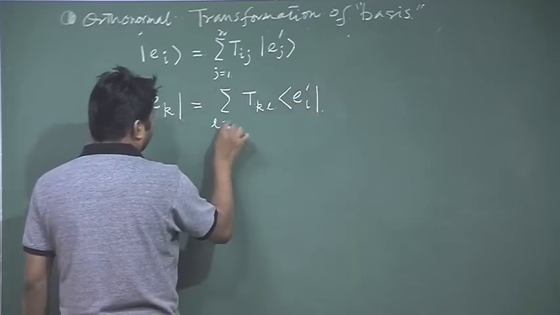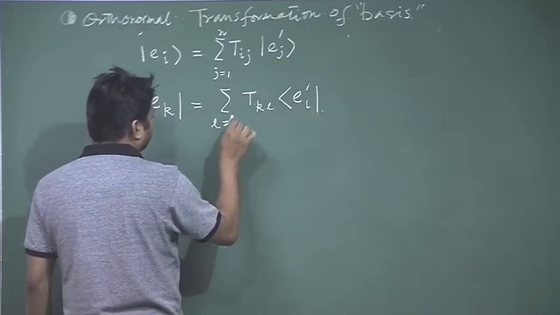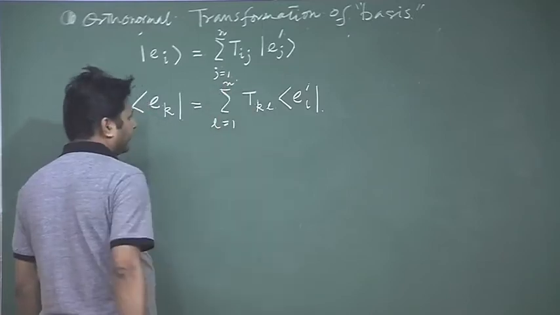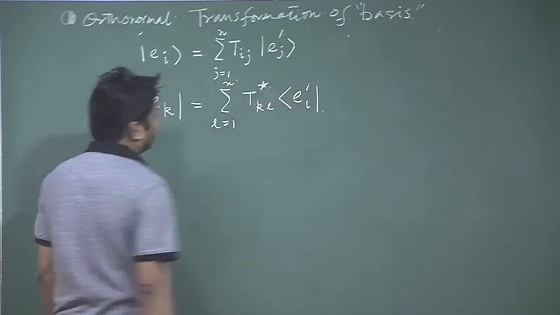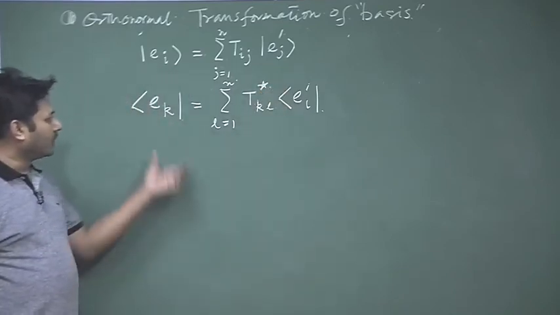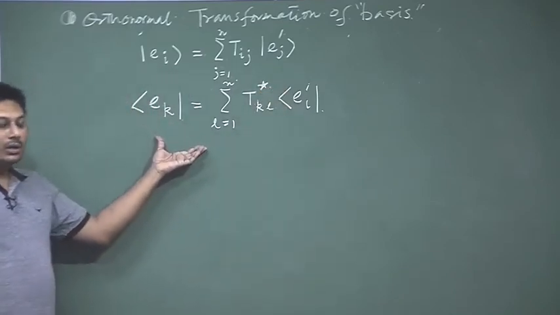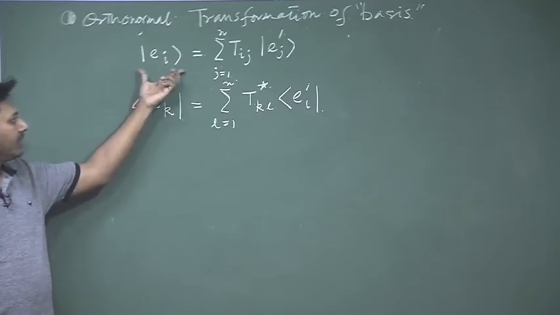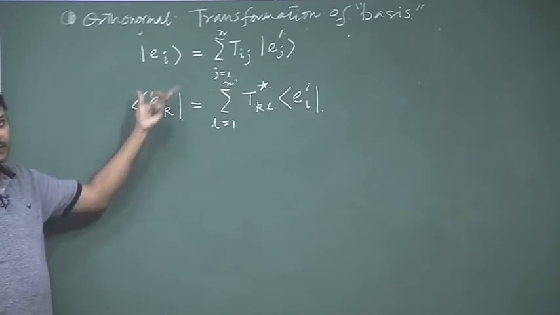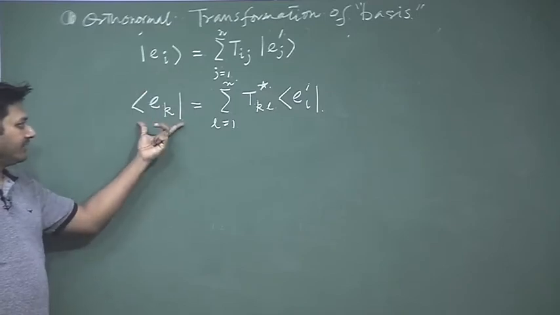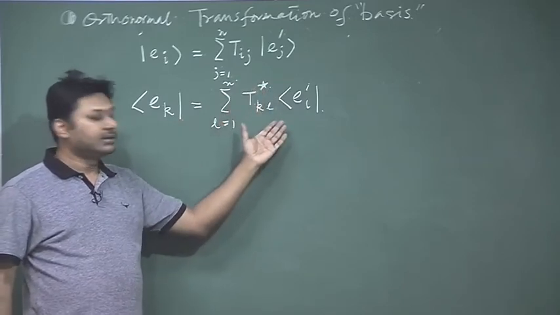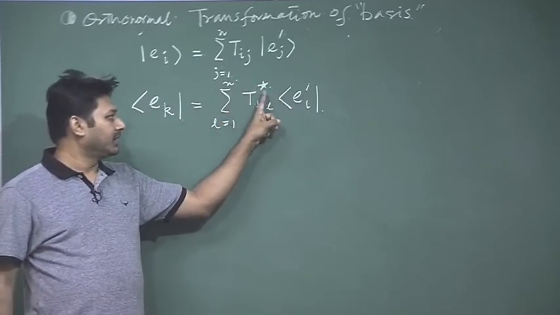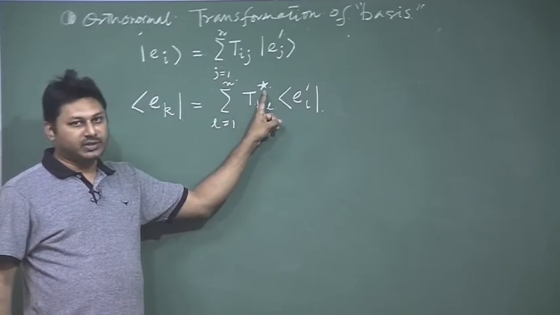Here l runs from 1 to n, where T kl has to be starred, because if you remember the dual conjugation, when I transform a kth vector to a bra vector, which is multiplied with that, here it is a number, it should be made in such a way that I can put a star here.